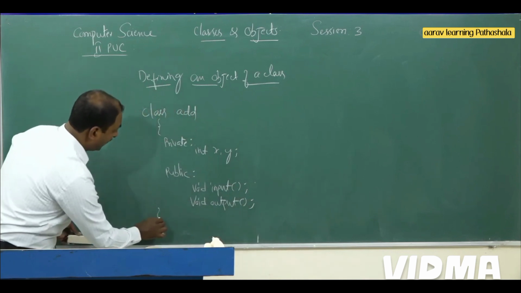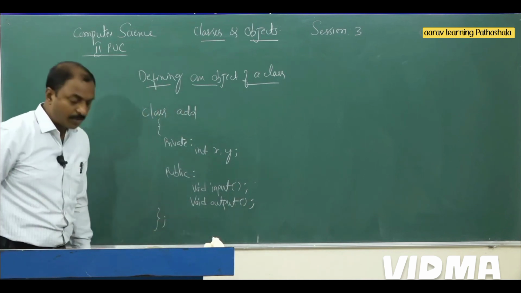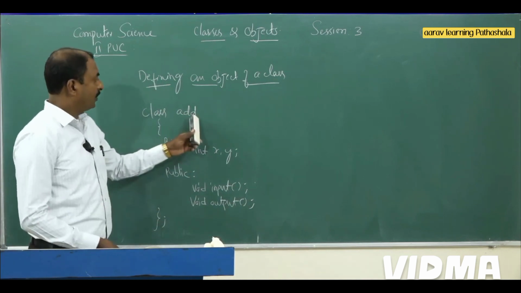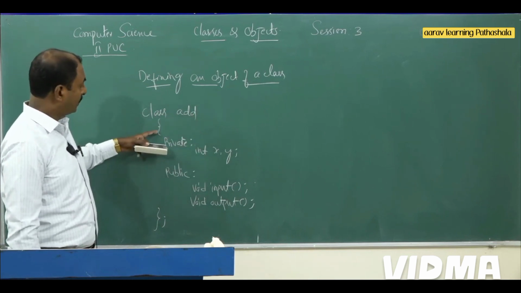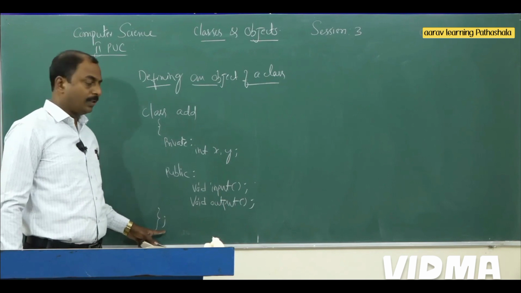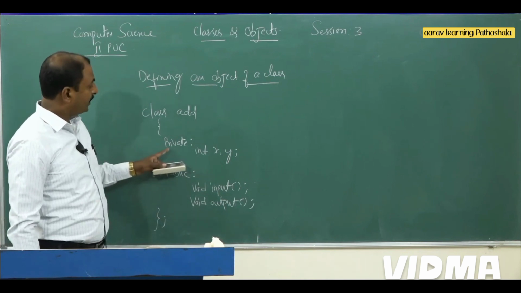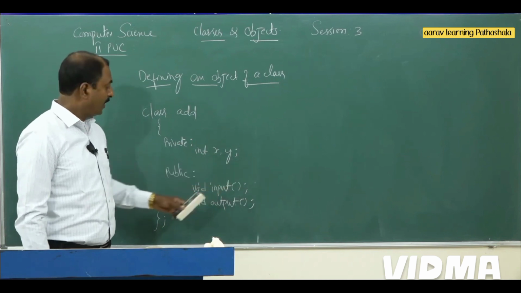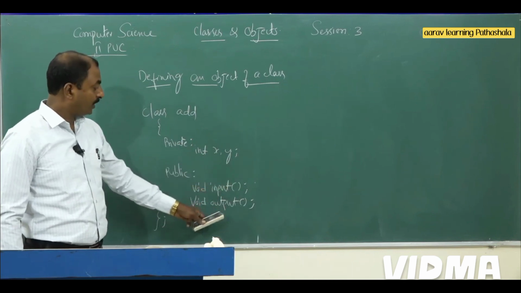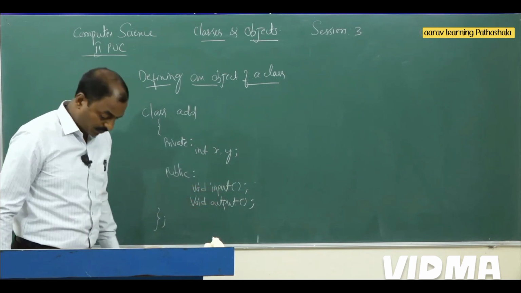I am closing this class with a semicolon. Okay, students, now you know what a class is. The class name is add, the class is opened here and closed with a semicolon. It has data members, int x and y under the private access specifier, and under public we have two functions, input and output.